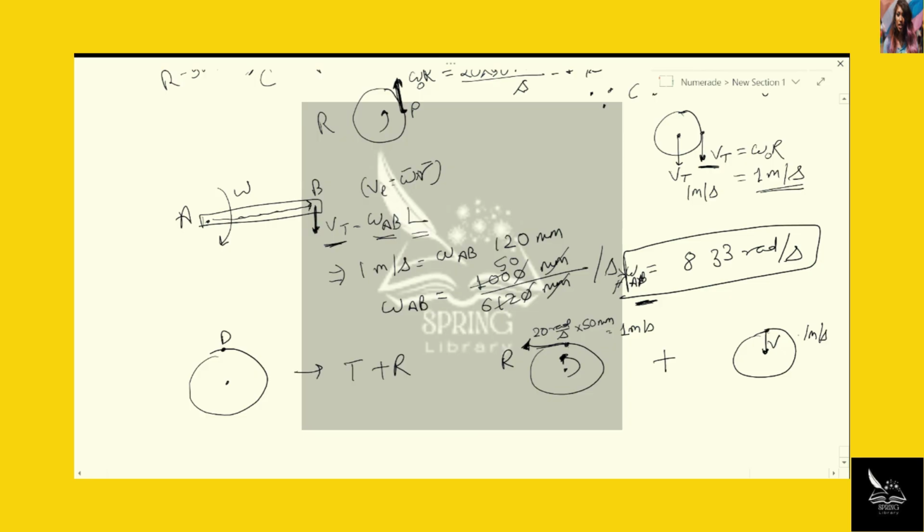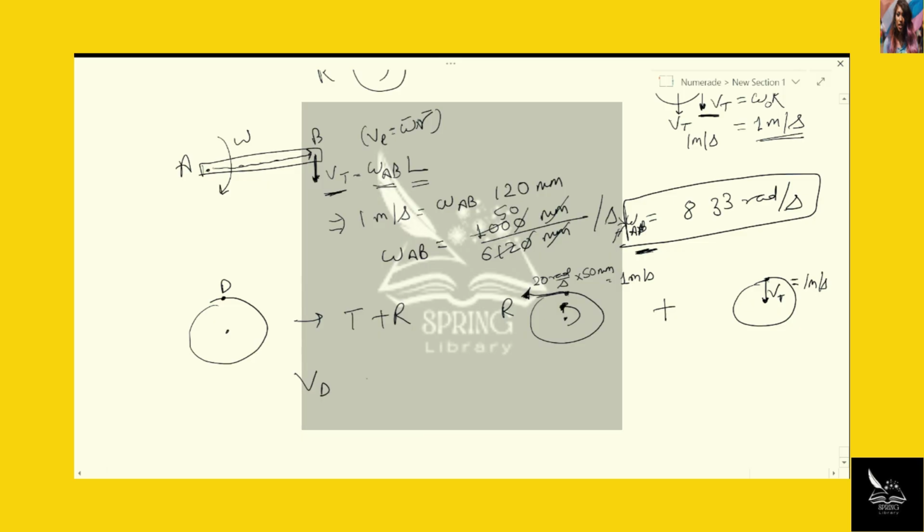So these are the rotational and translational components at point D. So velocity at point D is just this vector, 1 meter per second, and then pointing down 1 meter per second. This can be easily written as 1 i minus 1 j, or you can write this in terms of magnitude as well.